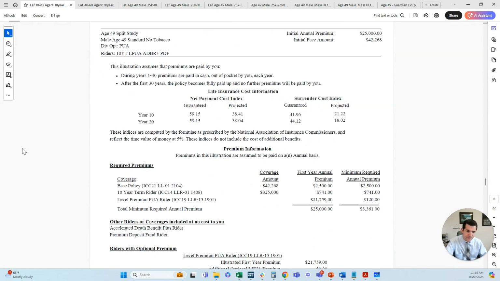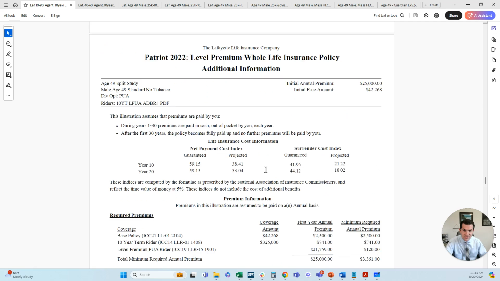But here we go. Down here, see coverage, base policy insurance represents the base premium, $2,500. Then you've got term rider, $741, and then the rest goes toward PUAs for a total of $25,000 per year. So this is our 10/90 design.